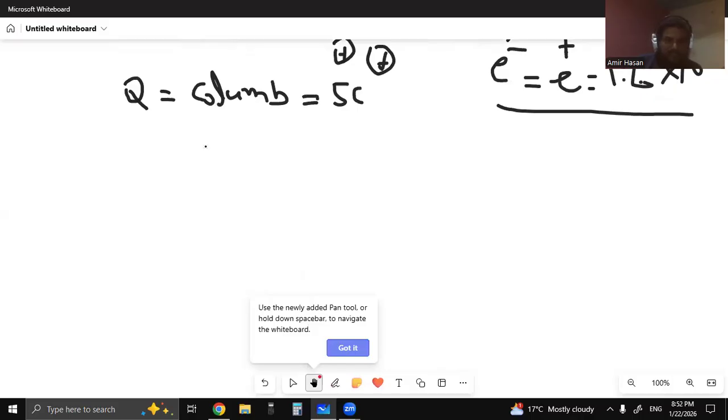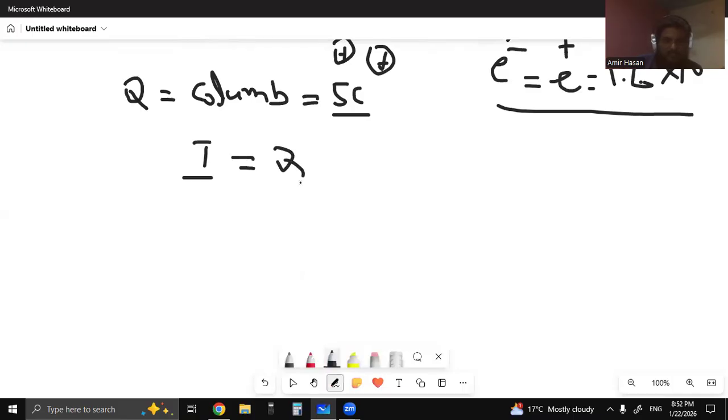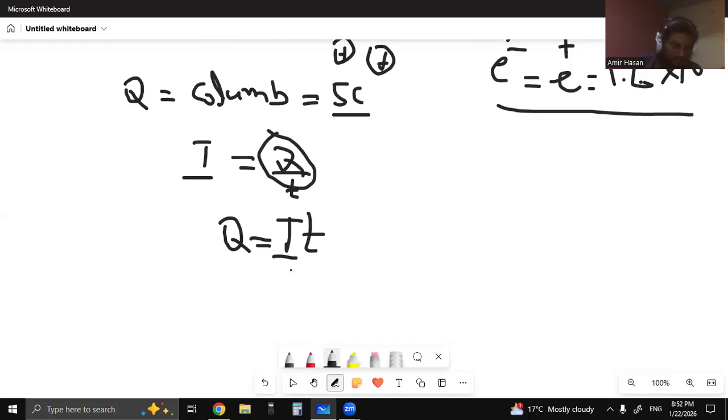The formula of current is I equal to Q upon T. Current is the flow of charge in unit time, and Q is equal to the product of current and time. When we form the equation for Q, Q is equal to current multiplied by time.